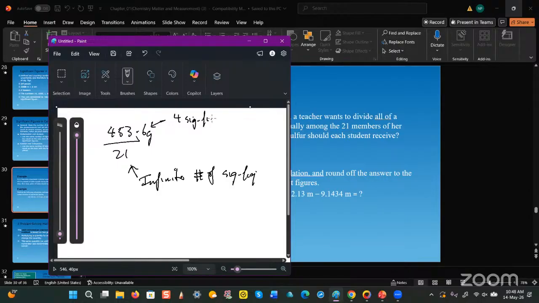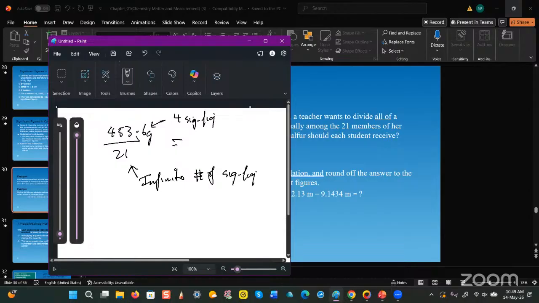So if you remember, I said, when you are dividing and or multiplying, you round off your answer according to the numbers involved, which one has the lowest number of sig figs, right? So here we have 4 sig figs in the numerator. We have an infinite number of sig figs in the denominator, which means that whatever answer we get here, we have to round off to 4 significant digits, right?